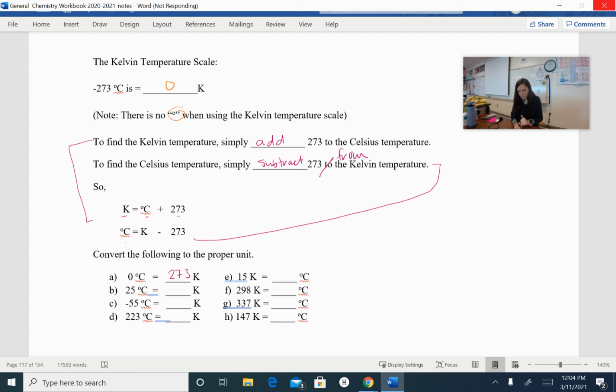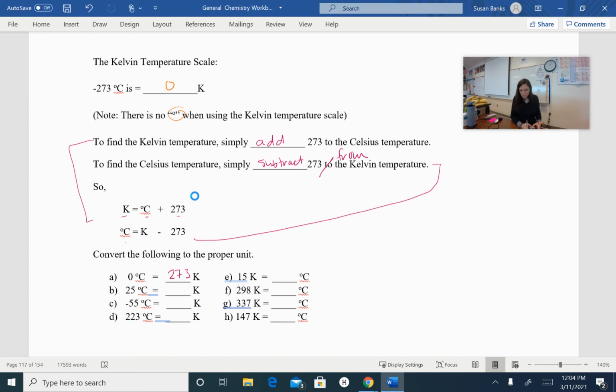So 25 plus 273 will give me a temperature of 298. So this first column, we're just going to add 273. So if you start with Celsius and you want to go to Kelvin, just add 273.